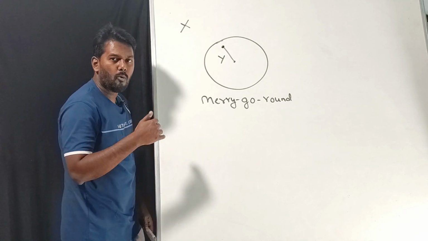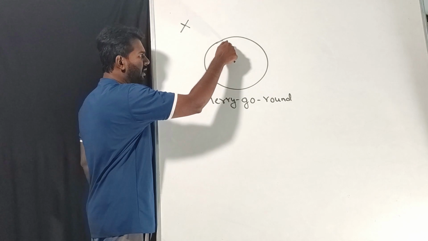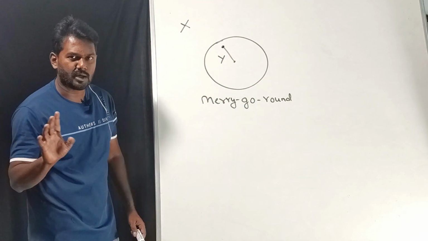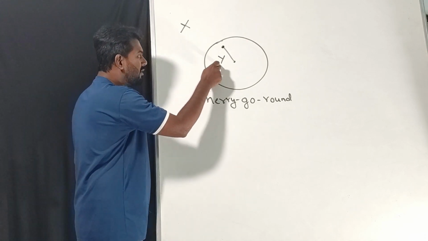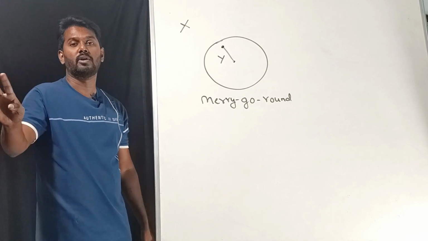Now what happens? X will observe Y and the ball, both rotating in a circular path, correct? But what about Y? Y feels the ball is stationary, it is not even moving.